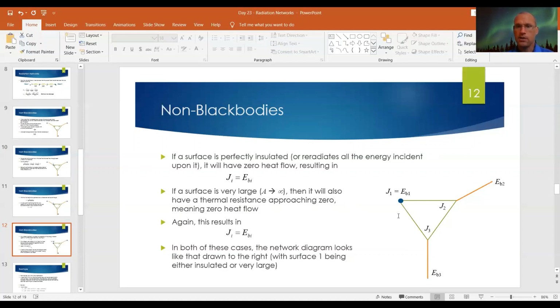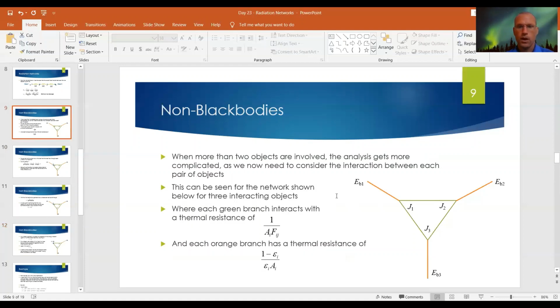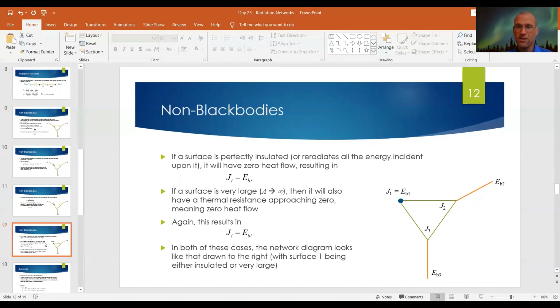Another way this happens is if I have a very large surface. A very large surface has a very large area. If we look at the resistance in terms of these orange lines, resistance is 1 minus epsilon over epsilon times A. If A is very large, then this whole thing is essentially 0. 0 resistance means nothing's lost, so J1 equals EB1 in that case as well.